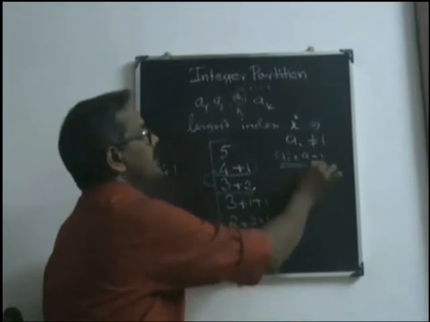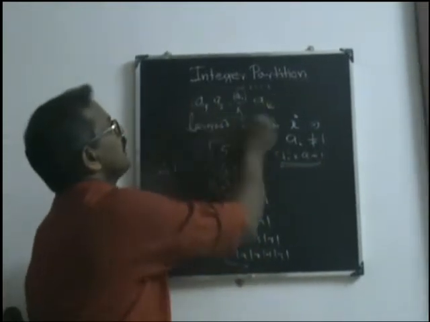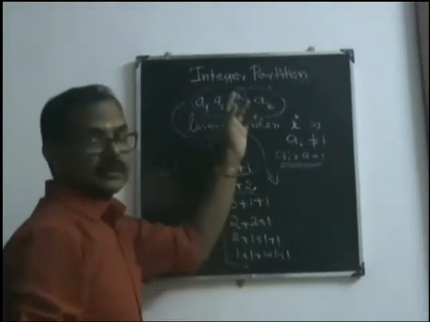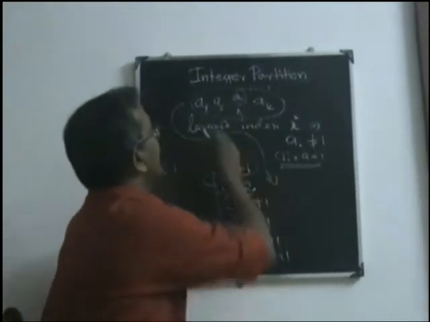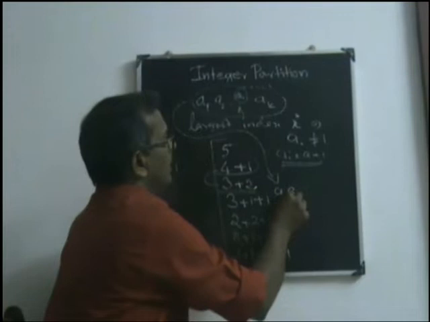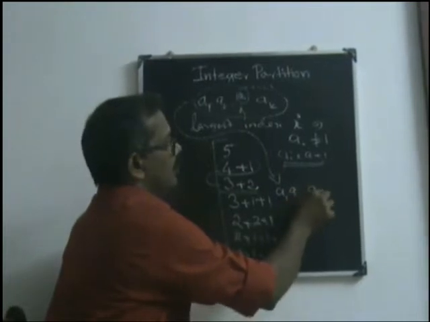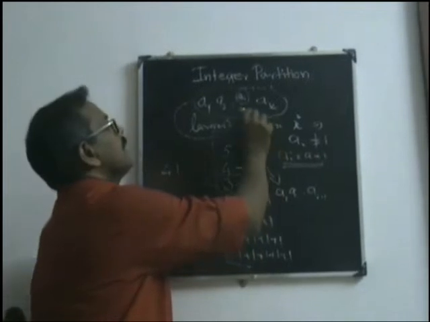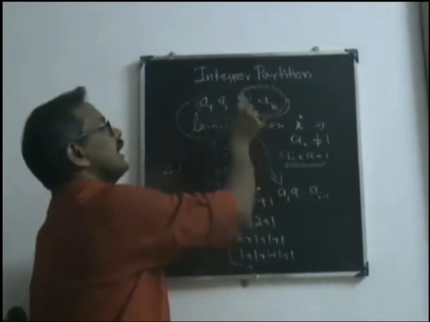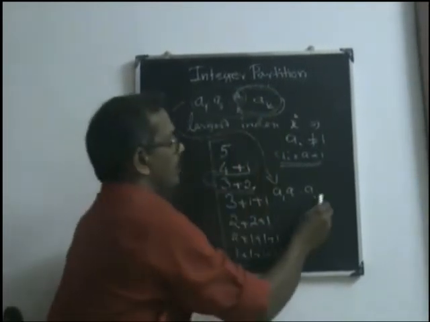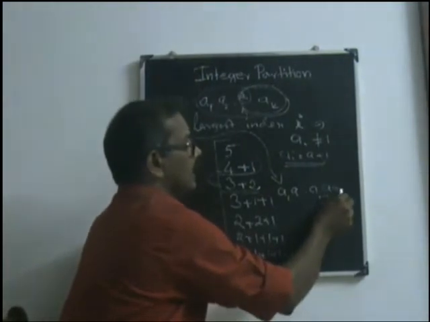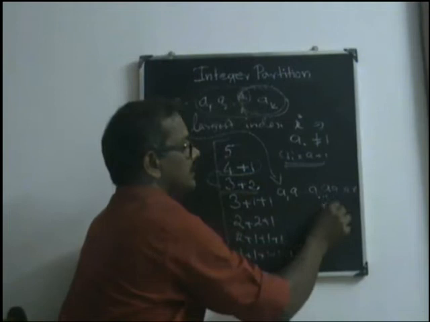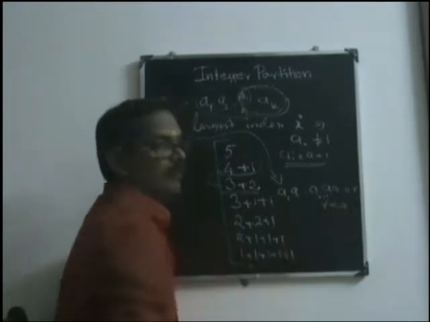If we assume this, then the successor of this sequence will be A1, A2, etc., up to A_(i-1). So those things are not going to be changed, but the suffix starting with A_i will be replaced by some number of A, then a particular R, but this R is less than A.